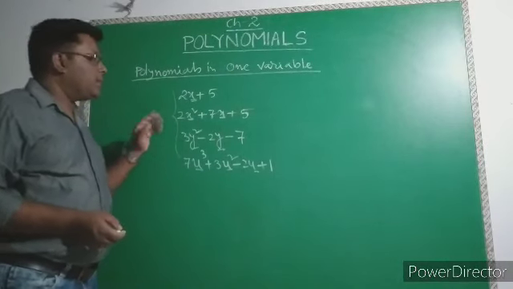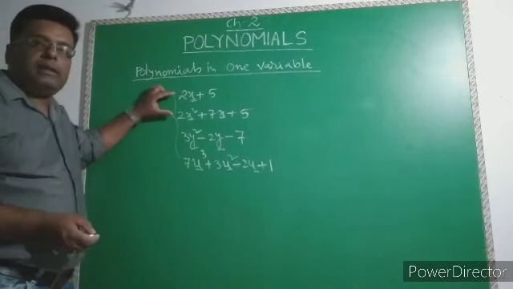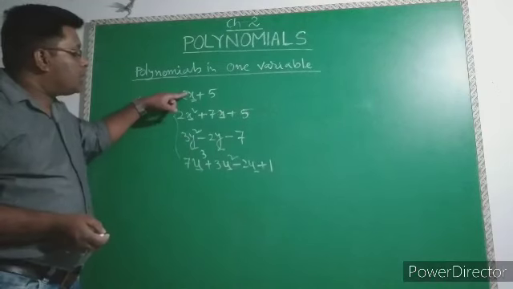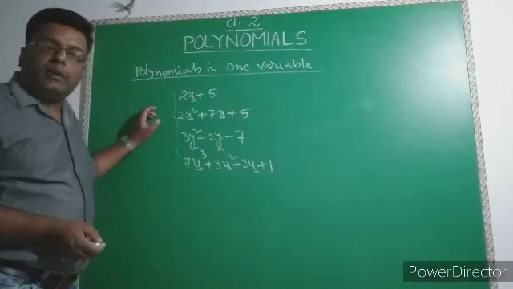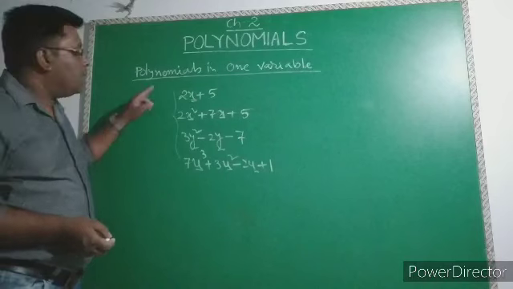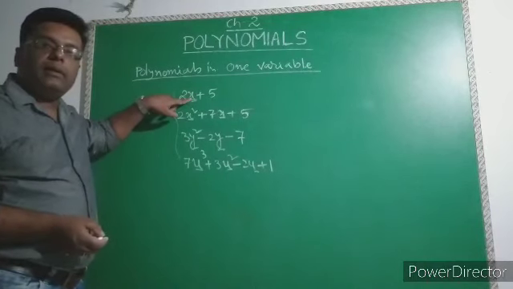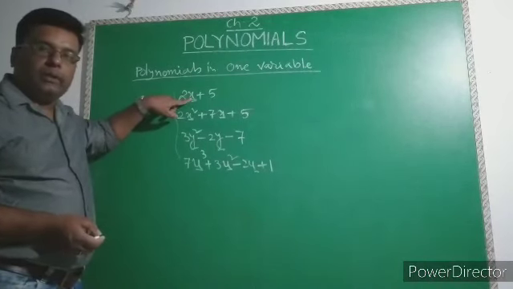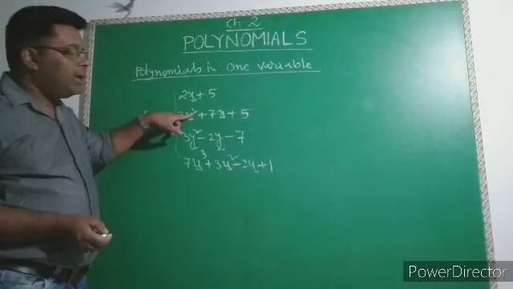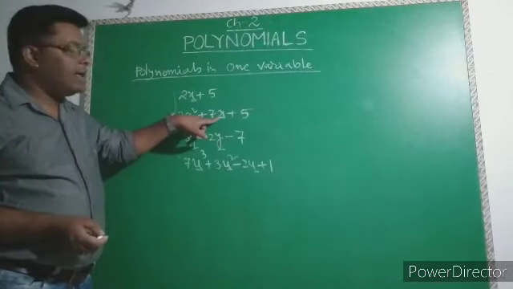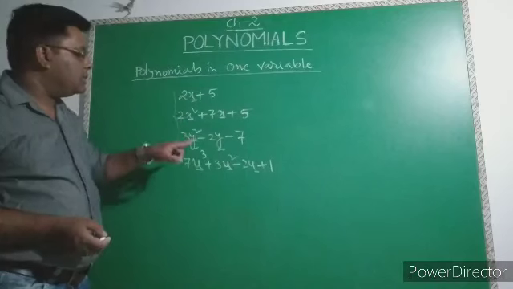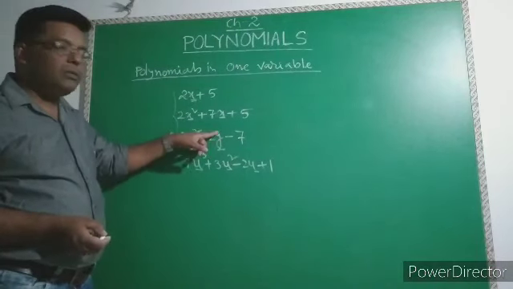Now see, in these expressions, notice the exponent or power of the variable. Here x is the variable whose power is 1. Here the power is 2. In this, x power is 1. Here y power is 1.